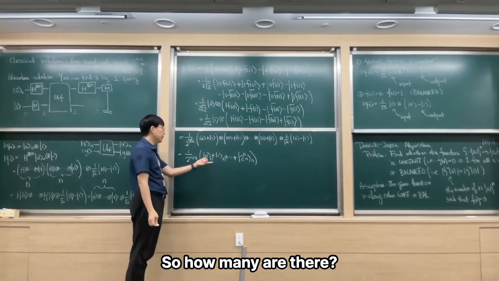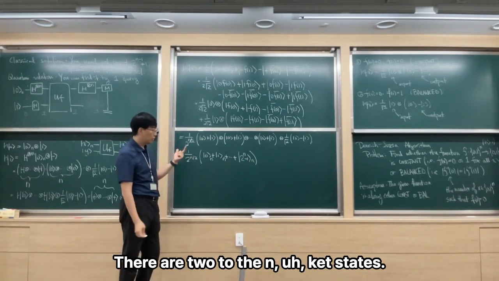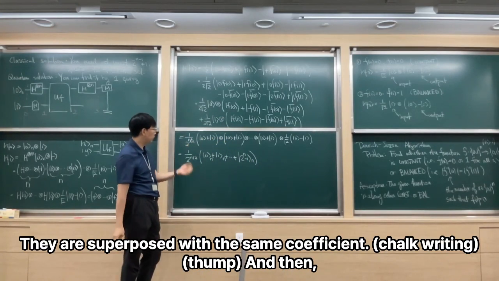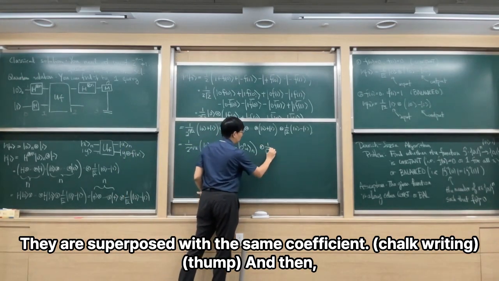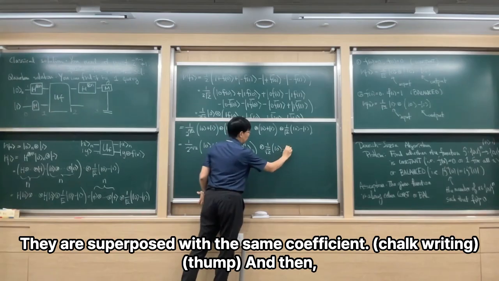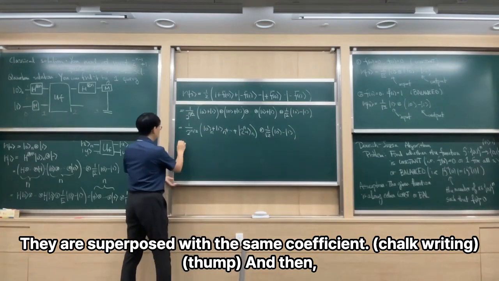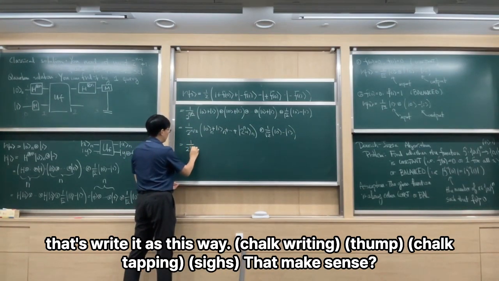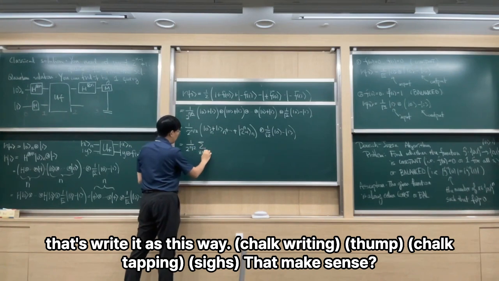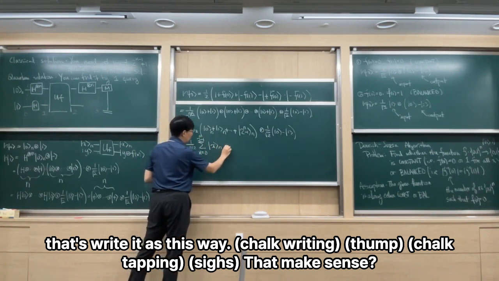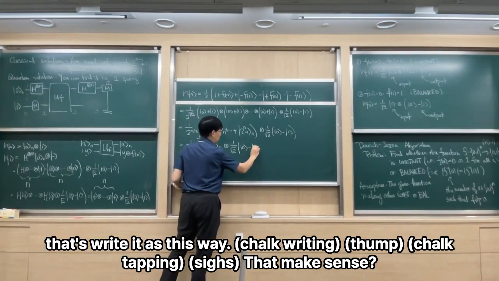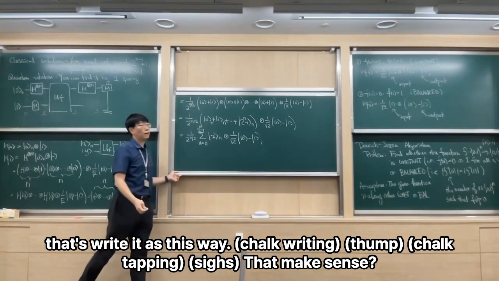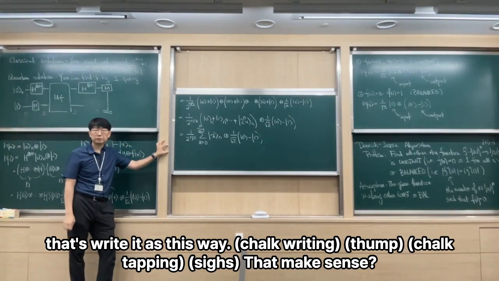Right? So how many are there? There are 2 to the n ket states. They are superposed with the same coefficient. And then let's write it this way. Okay. It makes sense?